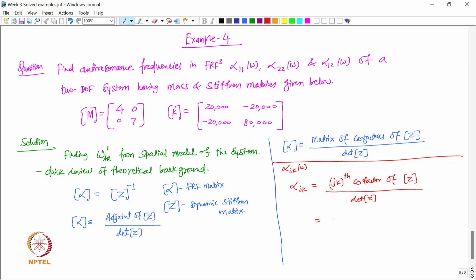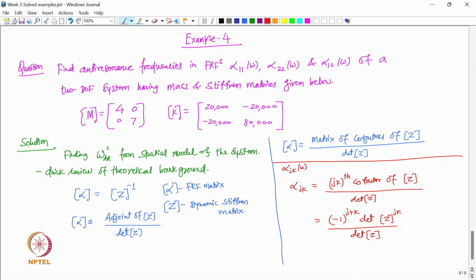The JKth cofactor, as we know from matrix algebra, is equal to minus 1 to the power j plus k into determinant of Z JK.